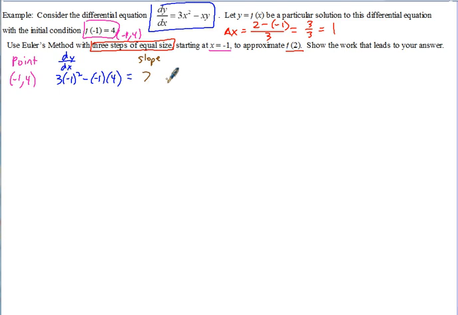We'll solve: 7 times delta x, but delta x here is just 1, equals the change in the y coordinate. The change in the y coordinate would be 7, and then add that to the original y coordinate. The y coordinate was 4, which gives you a new y coordinate of 4 plus 7, 11.